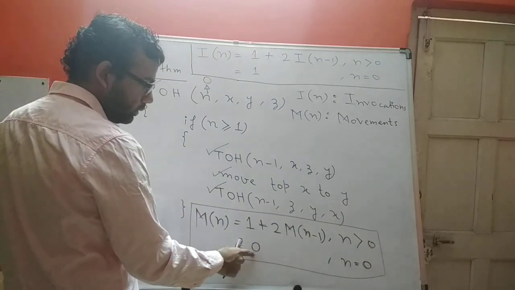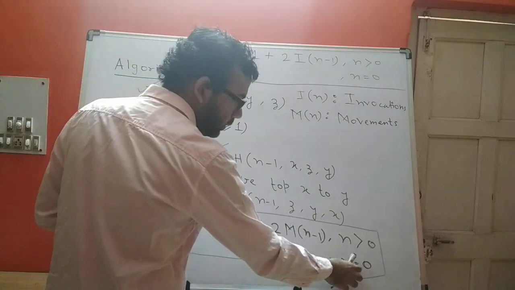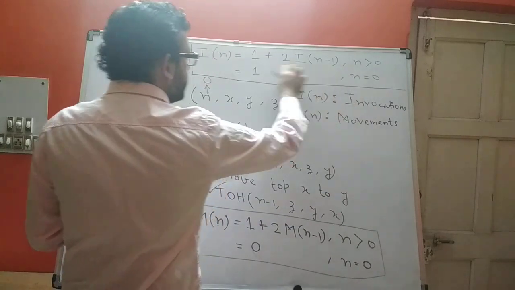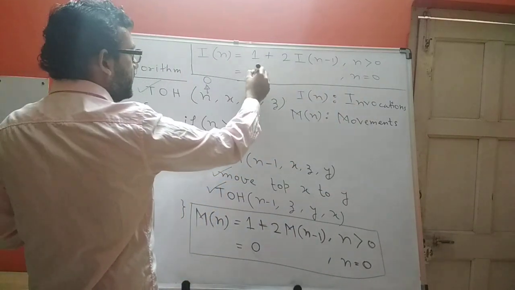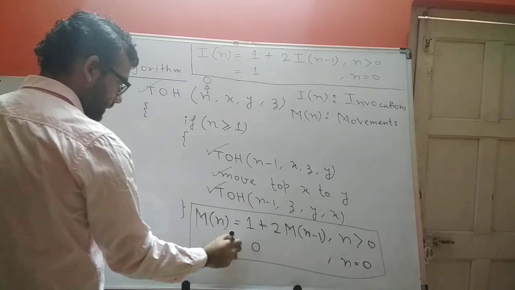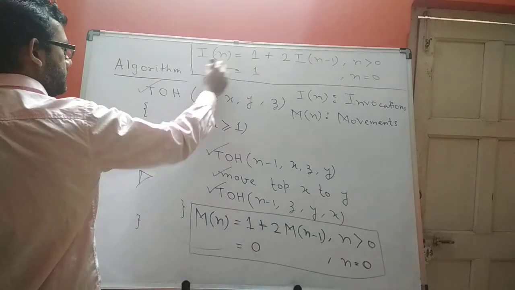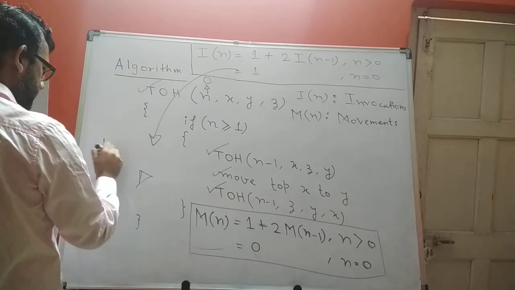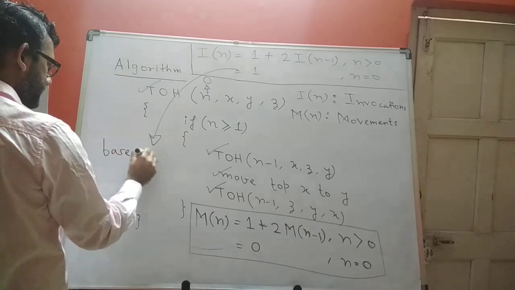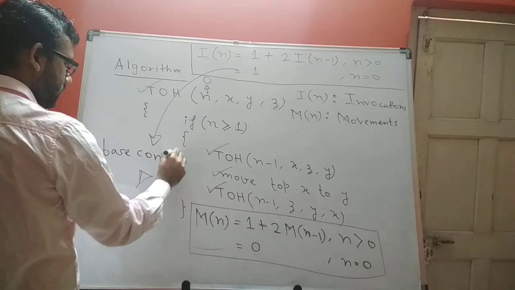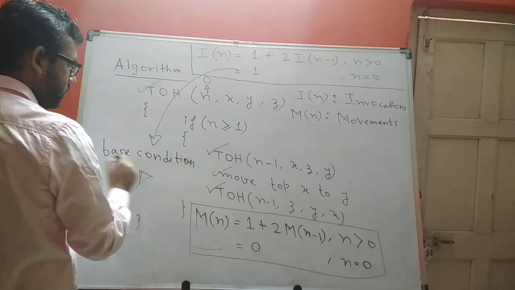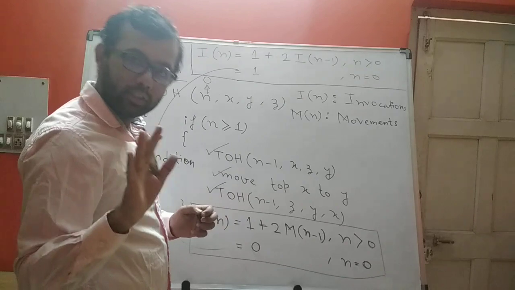And what about the base condition? When n is equal to 0, this is known as your base condition. That means when the function reaches the base condition, it will stop.